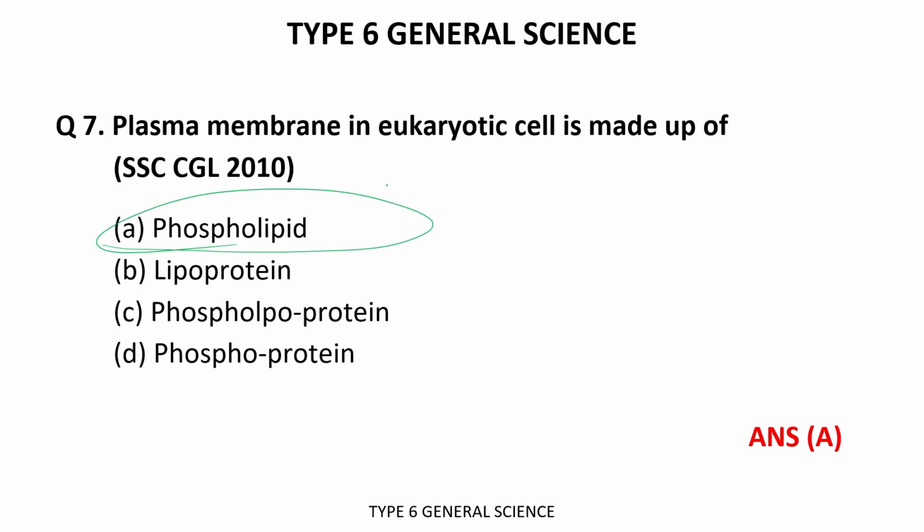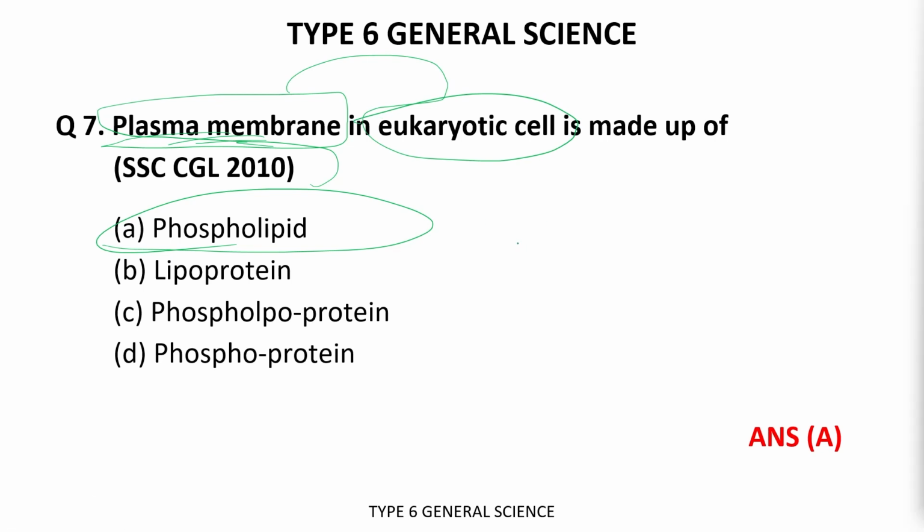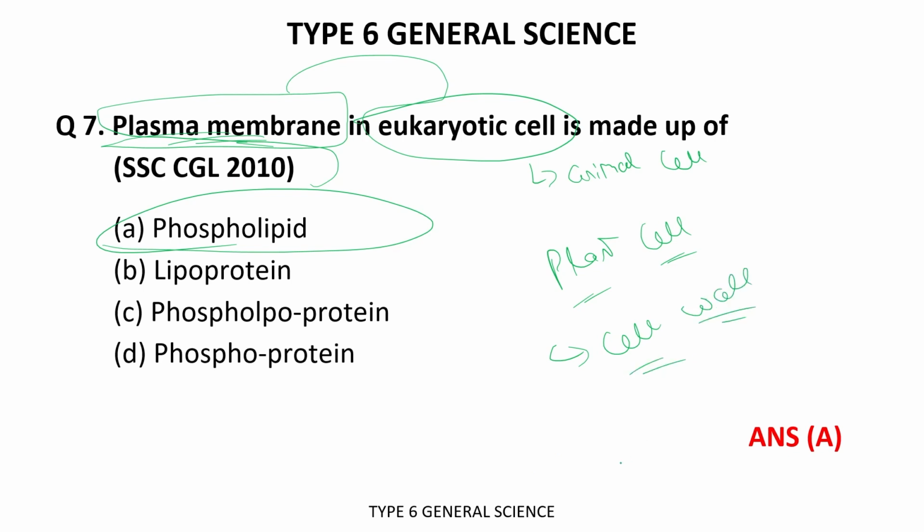Okay. So phospholipid is basically the main constituent of the plasma membrane, which is generally found in the eukaryotic cells. All right. Now this is for the eukaryotic cells, or you can say for the animal cells basically. But what about the plant cell? So as we know, plant cells are made up of the cell wall. Okay.